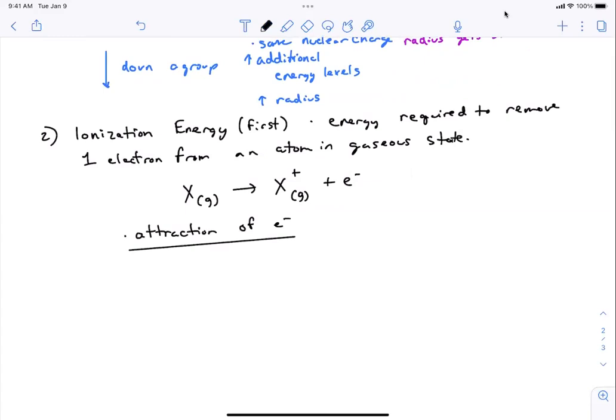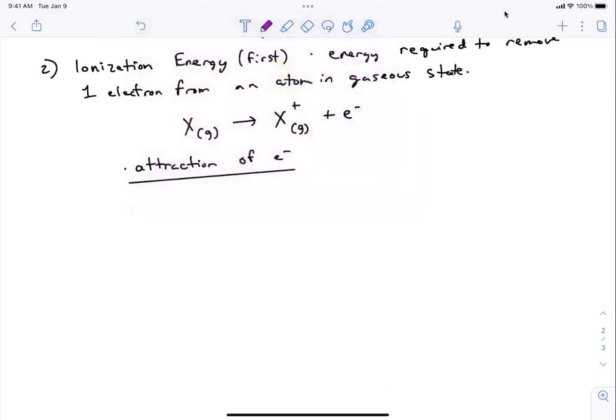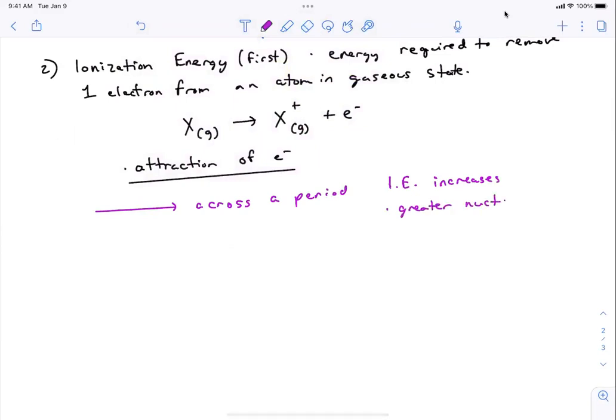So going back to your concepts here, in these two explanations, as you go across a period, your ionization energy should increase because you have greater nuclear attraction for the same energy levels.